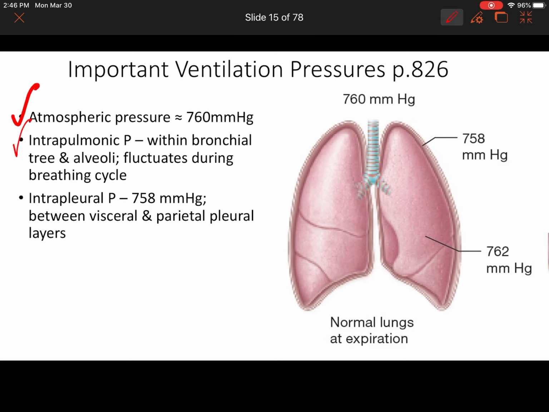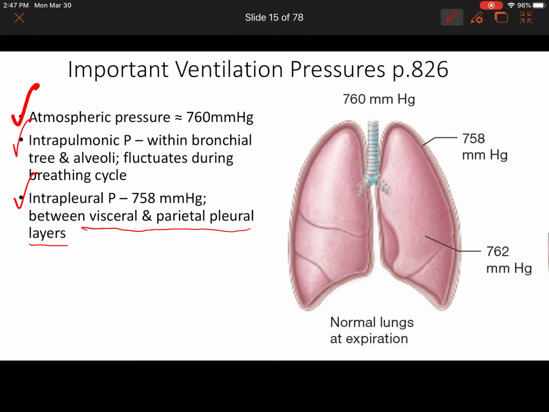The next important pressure has to do with the intrapleural pressure. This is the pressure that exists between the visceral and parietal layers, those membranes that surround the lungs. If you recall from earlier studies, those two layers have a small amount of watery fluid between them, which helps minimize friction of the lungs against the chest wall and other nearby structures.